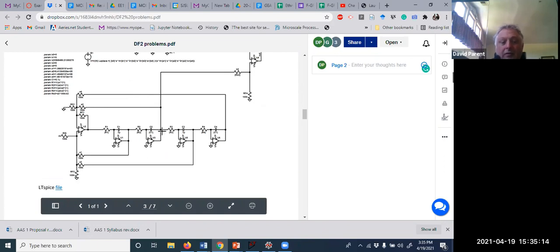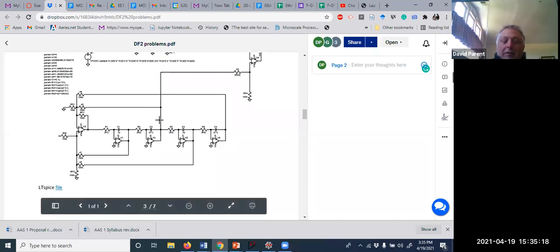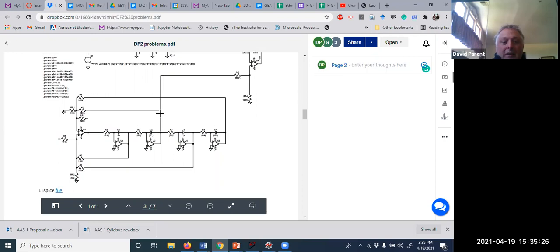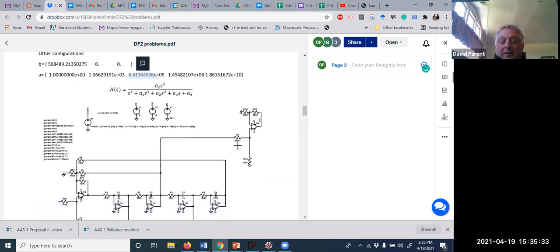But it's also giving me A2, right? I would have calculated all of these to give me A2 to feed it back. B2 and A2 are not the same number, so I need a gain stage.